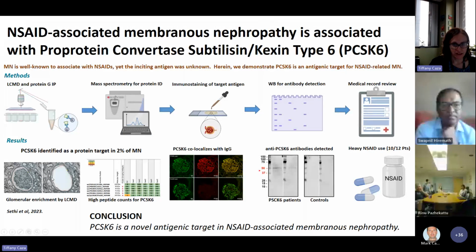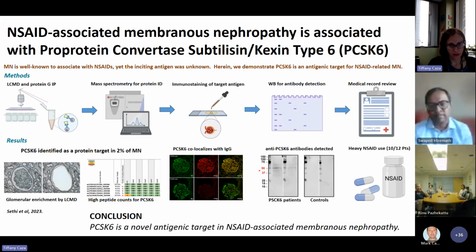There's co-localization with IgG, showing that it is a potential target antigen, and antibodies were identified. The majority of patients had a history of heavy NSAID use, particularly meloxicam, and the membranous resolved with stopping the drug.